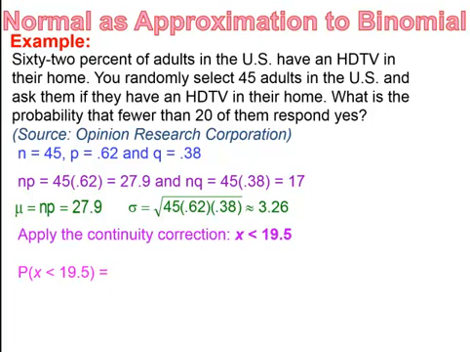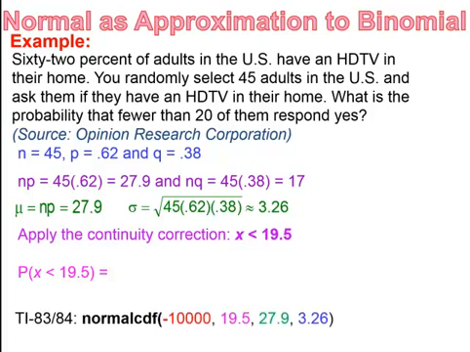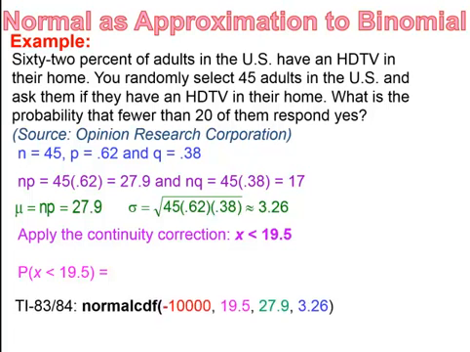So now I'm doing the continuity correction, and because it is fewer than 20, I have to subtract 0.5. So the probability of x is less than 19.5. And then I'll put it into the calculator.